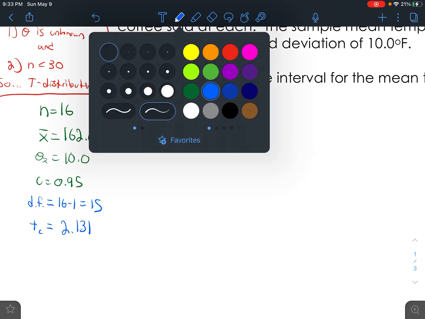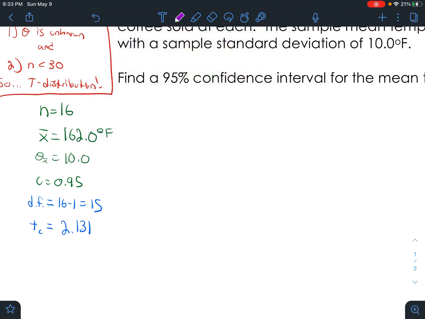We're going to start by figuring out what our margin of error is, because remember, here's where we're operating. We know that we have a sample mean of 162. We're trying to build a 95% confidence interval for that. So in order to figure out my margin of error, I will use that formula.